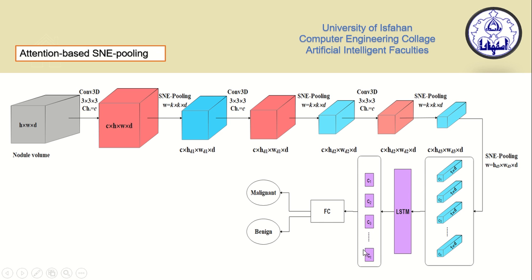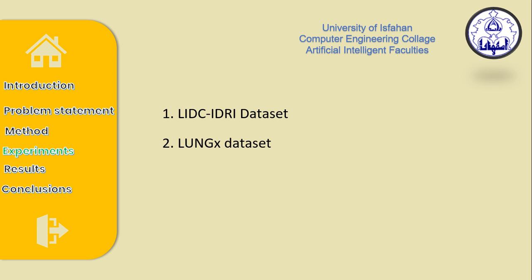There is a feedback between the output of this and this, and this represents the global feature attention. After that, we feed this to a fully connected layer with softmax, which will classify the nodules into malignant and benign.